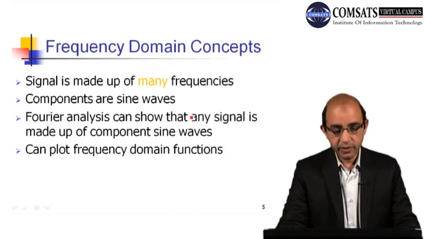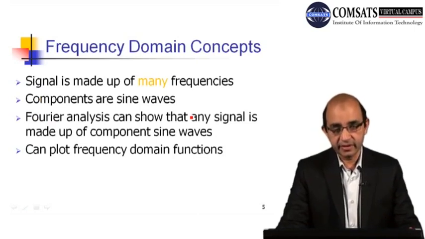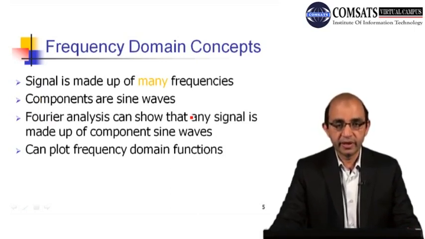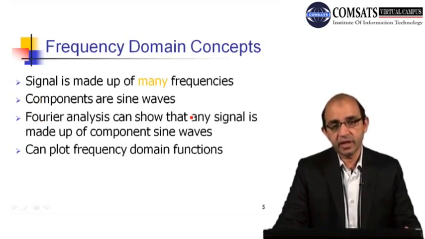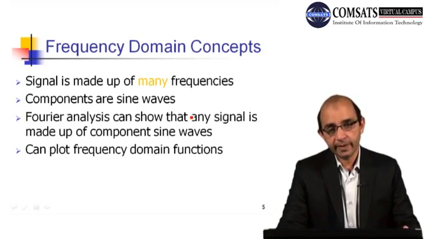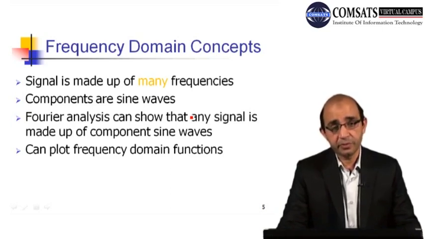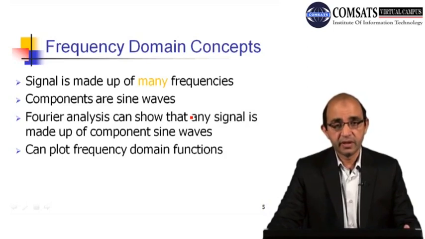We already have gone through that all these signals are made up of different frequencies. For example, a square wave: we can decompose a square wave into its different frequency components, which will be having different frequencies, or you can say integer multiples of the fundamental frequency.